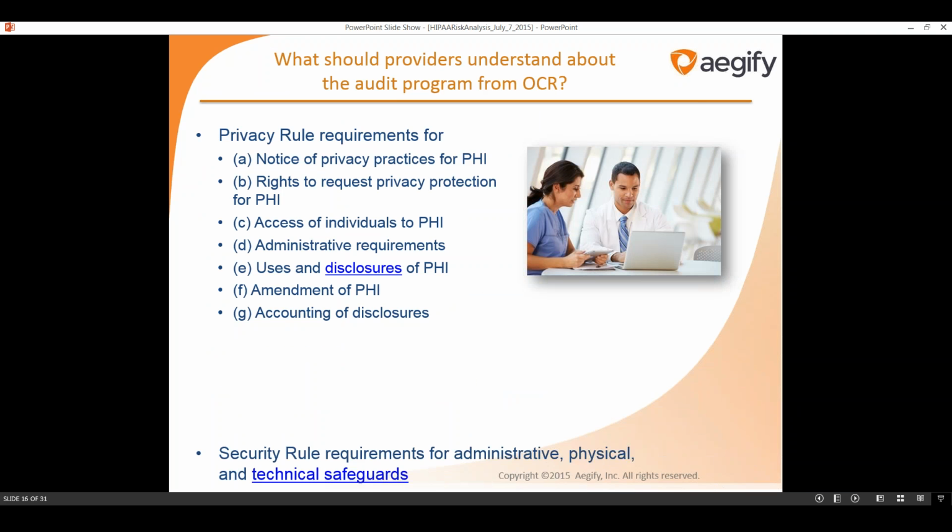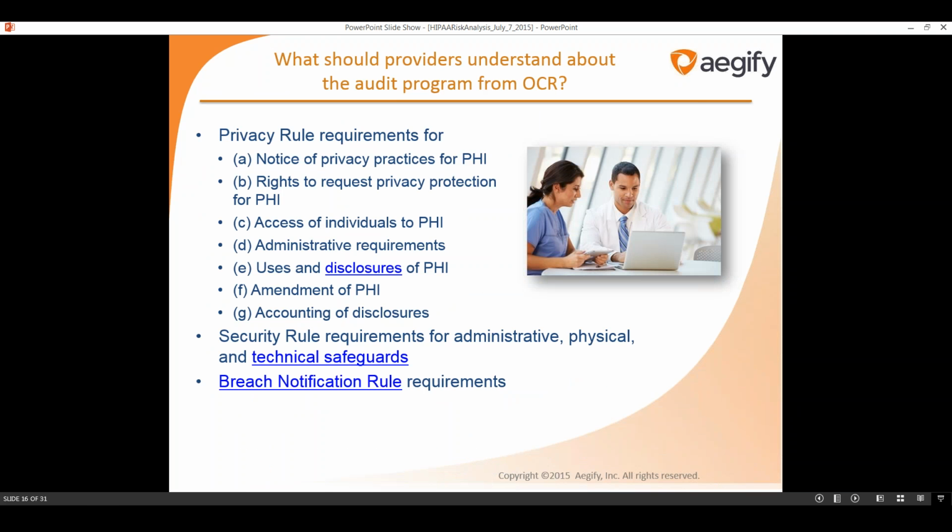So why do we care about security risk analysis? I mentioned a number of reasons earlier, but one of the key reasons is also that the Office of Civil Rights, or the OCR, is very keen on ensuring that security risk analysis is done and performed by every medical organization, every covered entity and BA. When they ran the pilot in 2013, they found most, if not all, of the organizations didn't do a good job or did not do a security risk analysis at all.